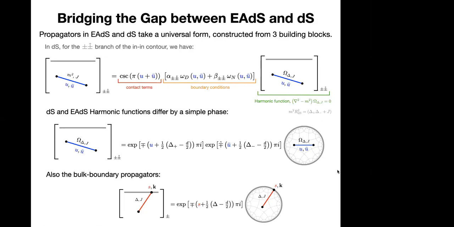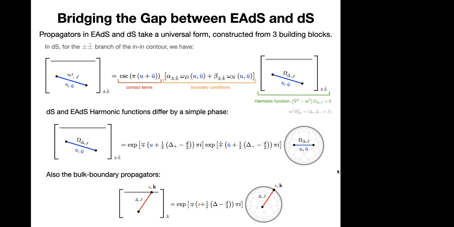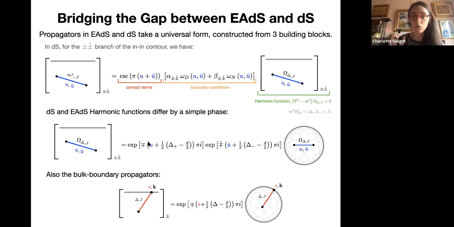I see. So maybe I misunderstood, but I thought you were saying that the bulk-to-bulk propagator in Euclidean AdS, you take that and analytically continue it, you don't get quite the bulk-to-bulk in-in correlator in de Sitter space, but you need to do some phase dressing. This is crucial.